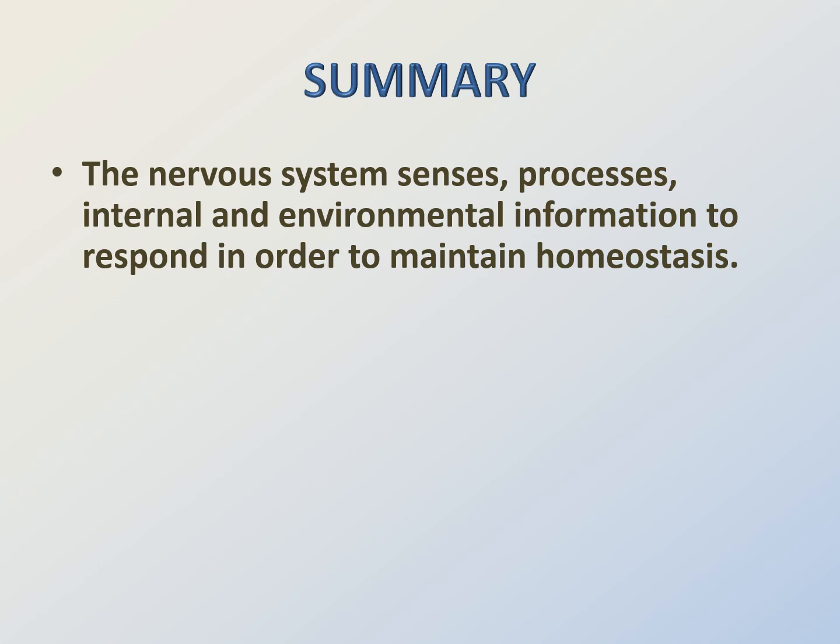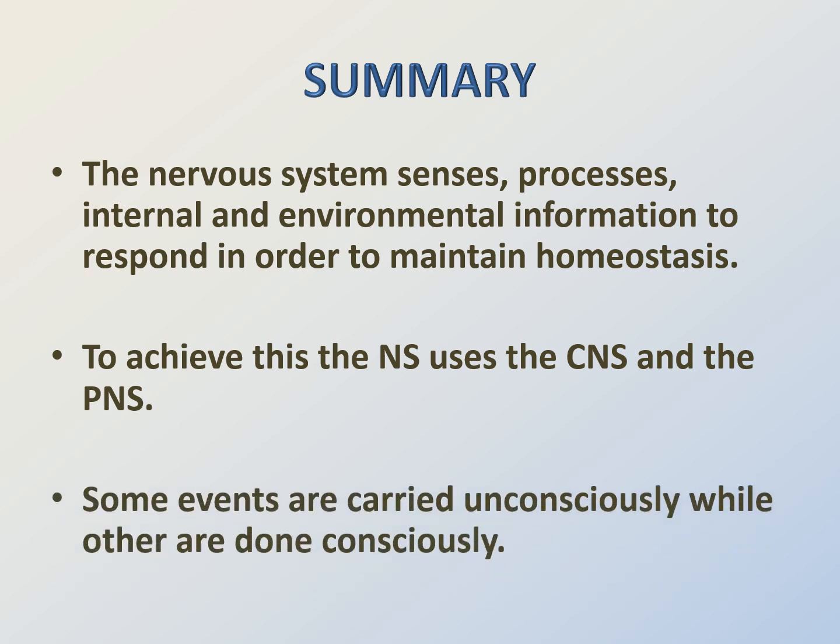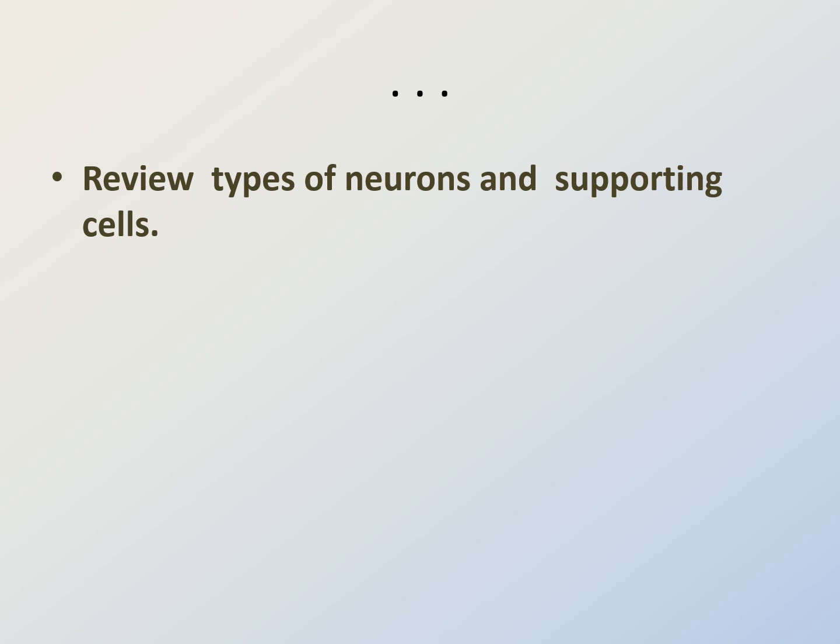In summary, today we cover how the nervous system processes information, whether this is external or internal. We looked at the component of the nervous system and determined that sometimes the organism performs activities automatically, while in other cases these activities are done on purpose. Specifically, we look at the cells involved in the nervous system.